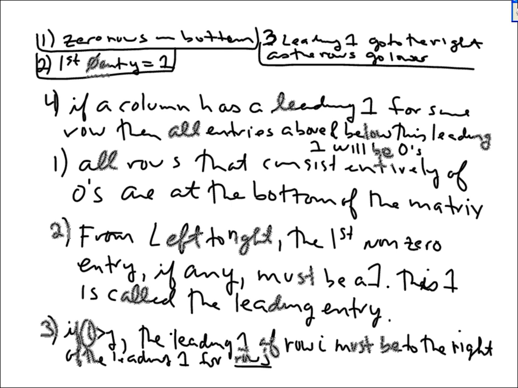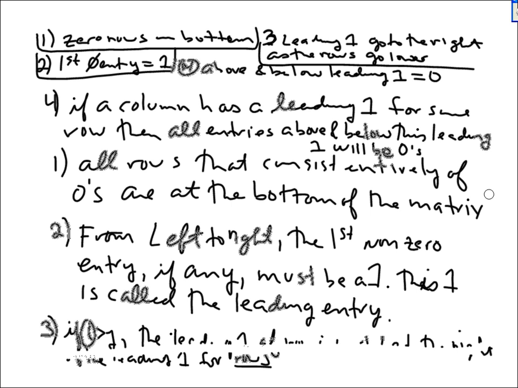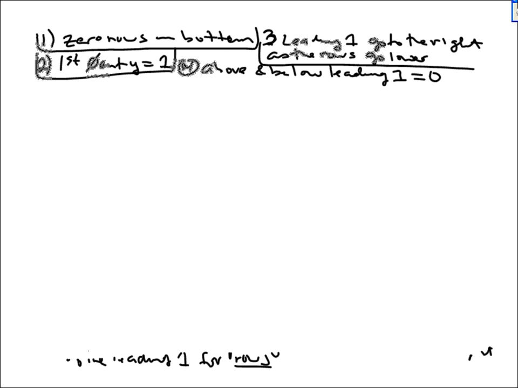Number 4: above and below leading ones must be 0. So those are the 4 properties that must be true for a matrix to be in RREF form.